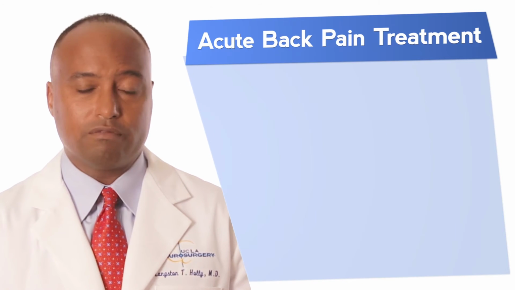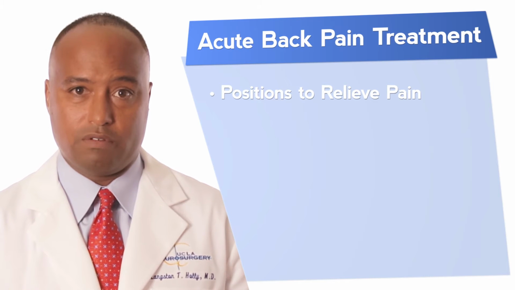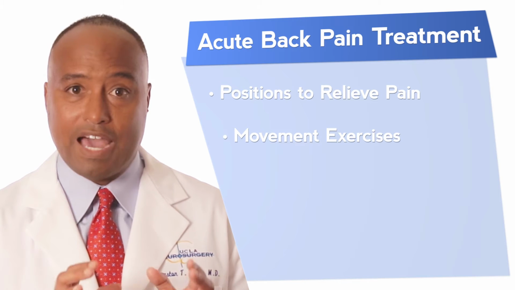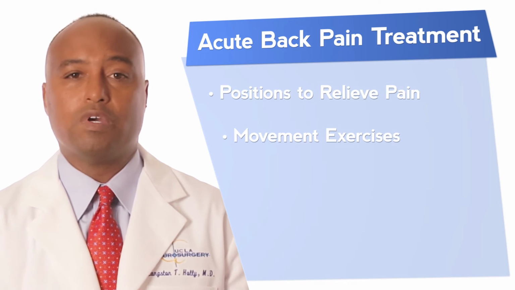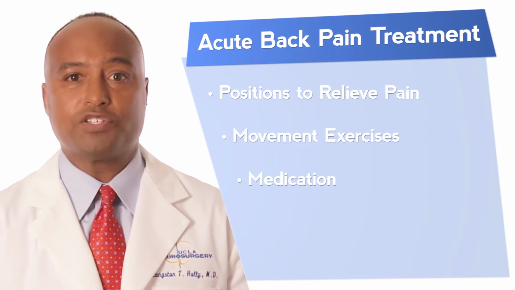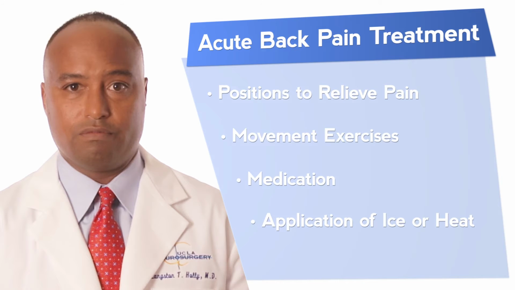As described in video number 3, patients with initial presentation of acute back pain should have a 4-part conservative treatment plan for 7 to 10 days, including advice on specific positions to relieve their pain, movement exercises for patients with intermittent, not constant pain, treatment with acetaminophen, NSAIDs, and/or muscle relaxants, and application of ice or heat.